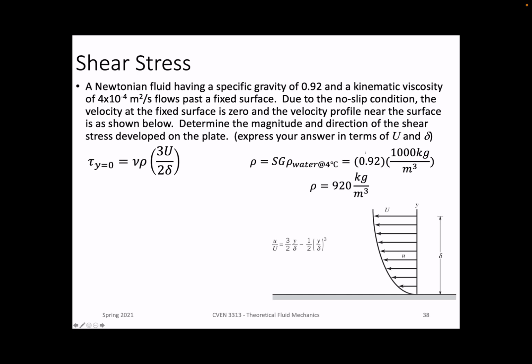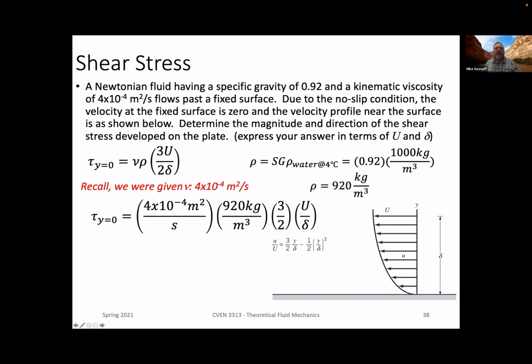That's that multiplication there. And then we were given that the kinematic viscosity is 4 times 10 to the minus 4 meters squared per second. So when we plug all of this in, we get 4 times 10 to the minus 4 meters squared per second for nu, and our density is 920 kilograms per cubic meter.